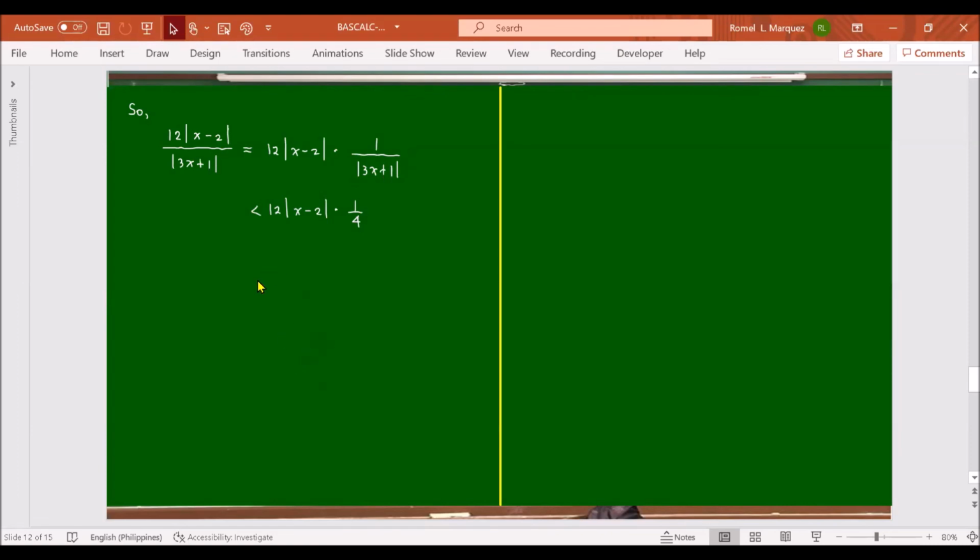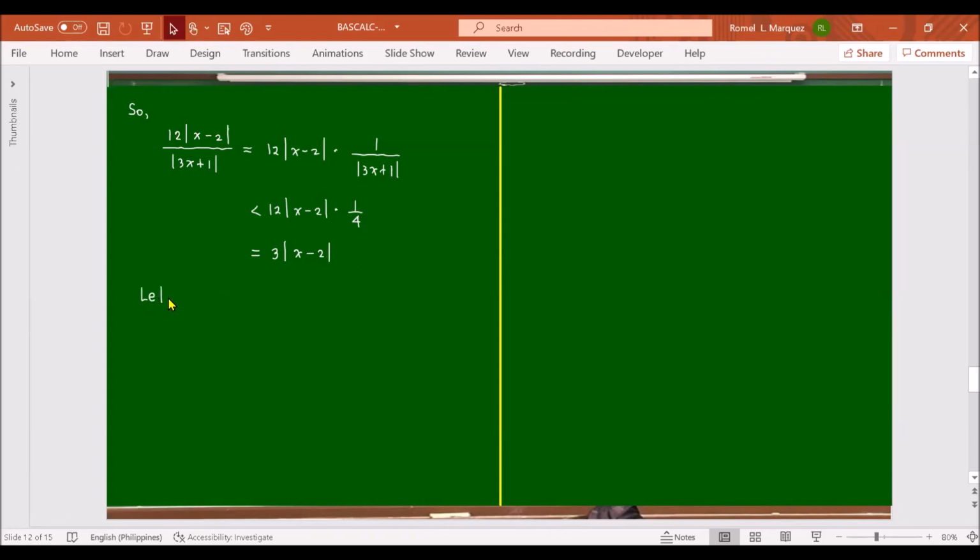So from there, I can now have this quantity. This is equal to 3 times abs of x minus 2. Now, since this is less than this, and this is equal to this, and this is not exactly this one, but I want this to be less than epsilon. Let's force this to be epsilon.